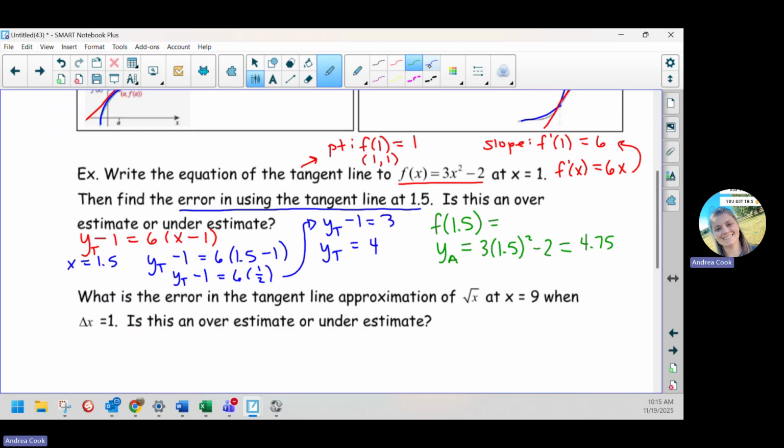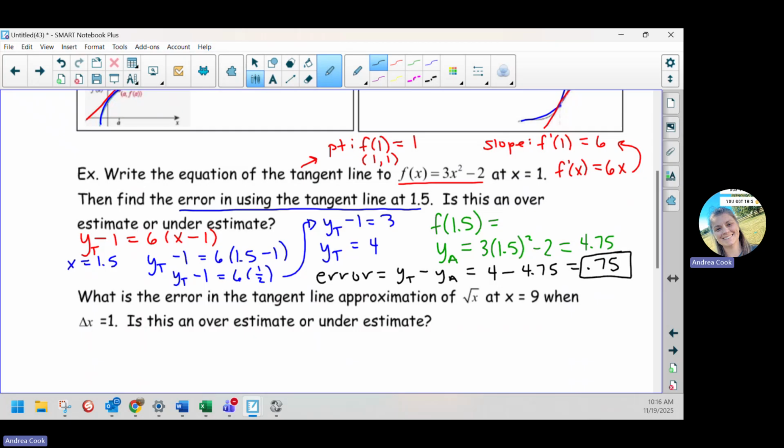So to find error, error is equal to the y value on the tangent line minus the actual y value. So for our problem, the tangent line y value was 4 minus the actual value of 4.75. So that's going to give me 0.75 for my error.